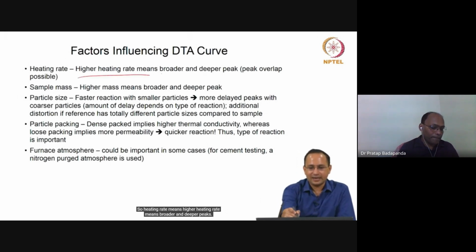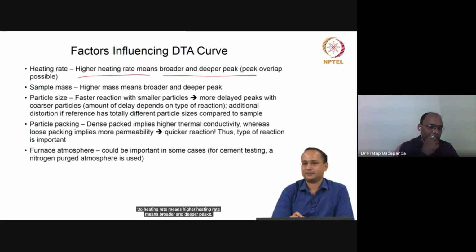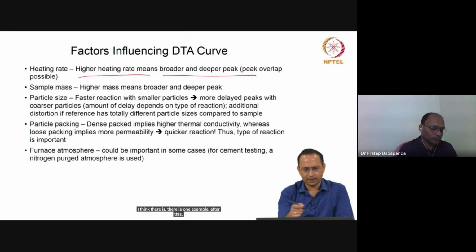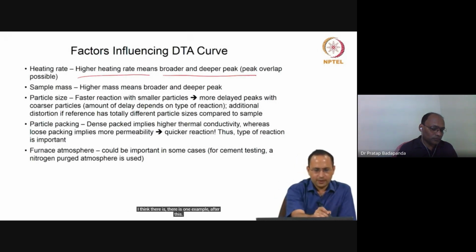Higher heating rate means broader and deeper peaks. We saw that in DTA you get peaks. You may get an endothermic peak or an exothermic peak, depending on the change. So when you increase the heating rate, your peak will be broader and deeper. Okay, I think there is one example after this.